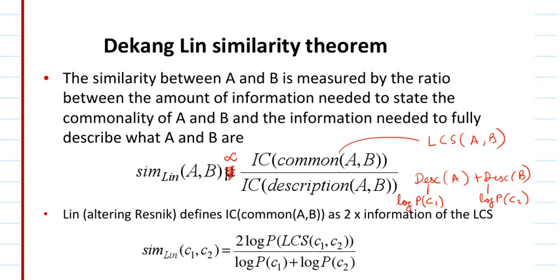Now the log probabilities are the information. This log P is the information that is common.